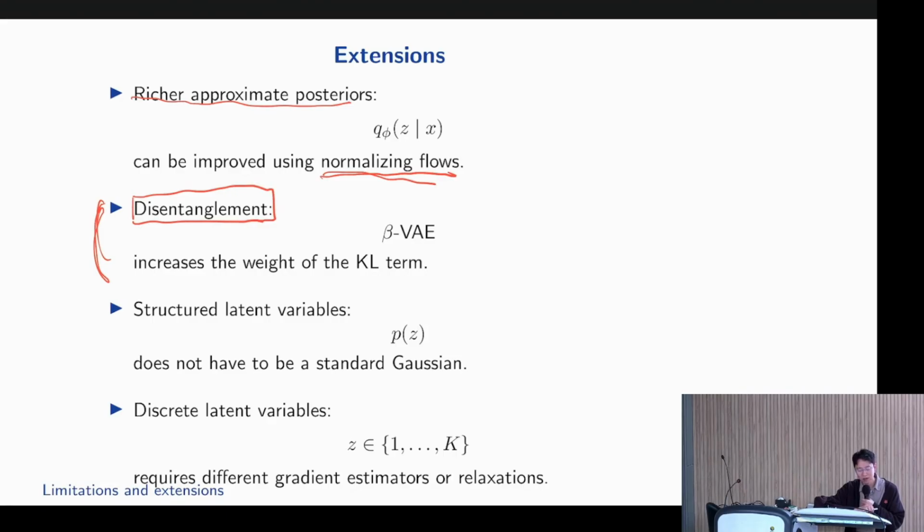So in information theory, there's a concept called information gain. And in disentanglement research, this notion of information gain is used so that we can force the model mathematically to learn different concepts per each latent dimension. And also more structured latent variables.